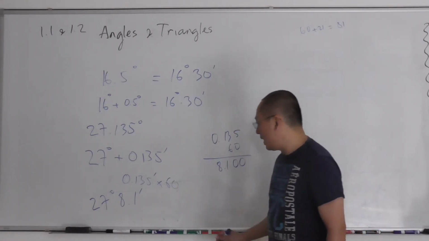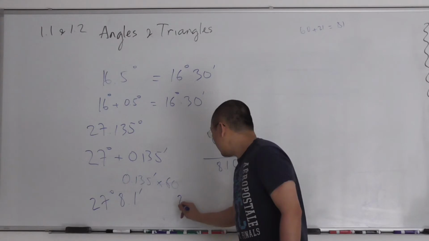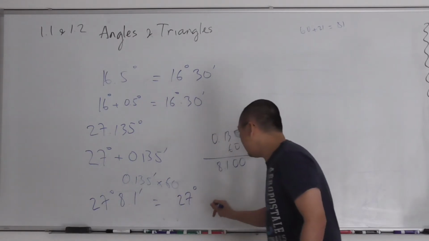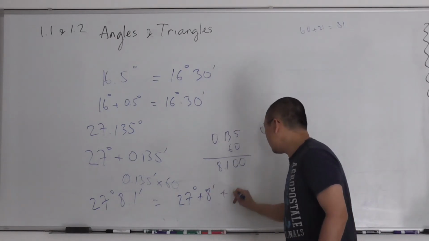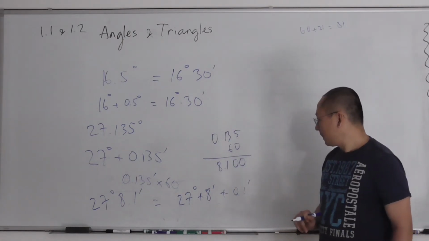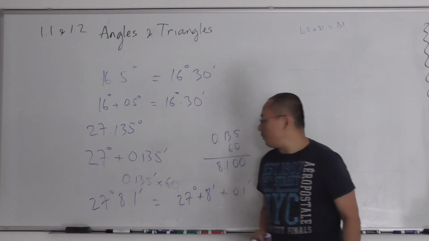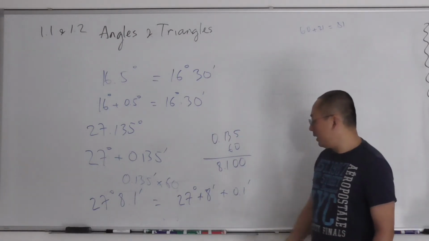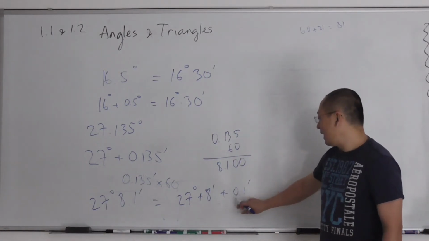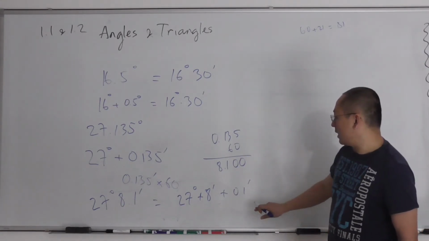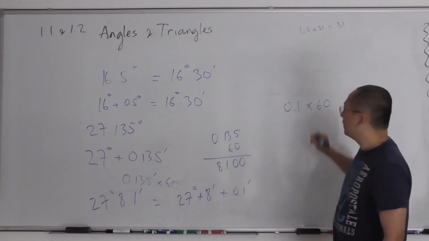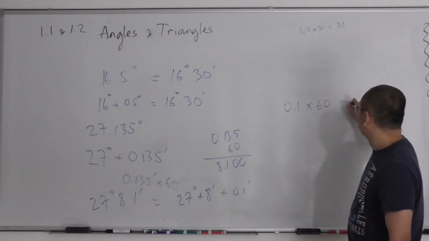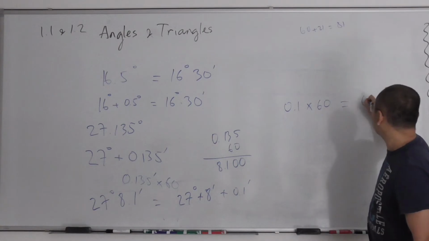The procedure is the same way. This is 27 degrees, 8 minutes, and 0.1 minutes. I break that 8.1 minutes into 8, a whole number, and 0.1. Now I'm going to convert the 0.1 minute to seconds. How do I do that? I take 0.1 and multiply by 60. That's going to give me seconds, and this is pretty easy to calculate. It's 6 seconds.